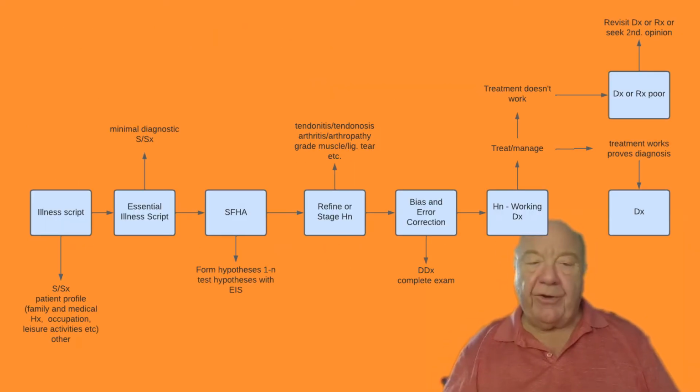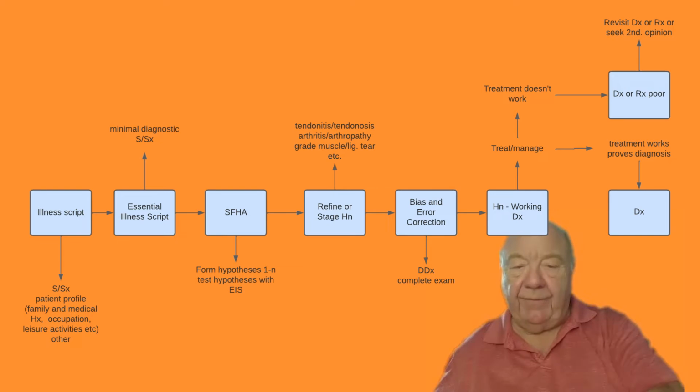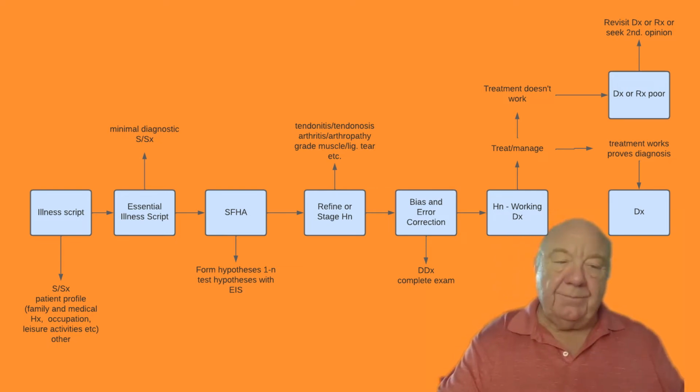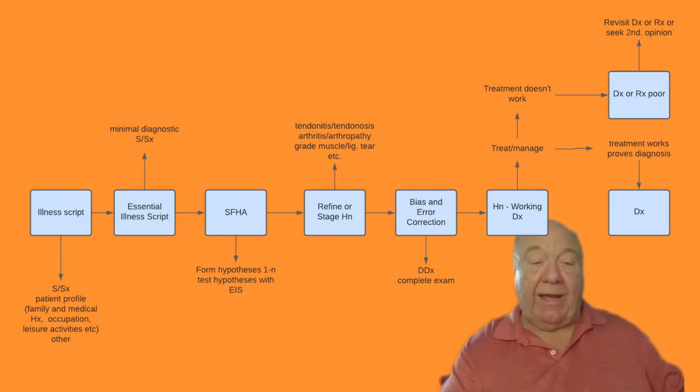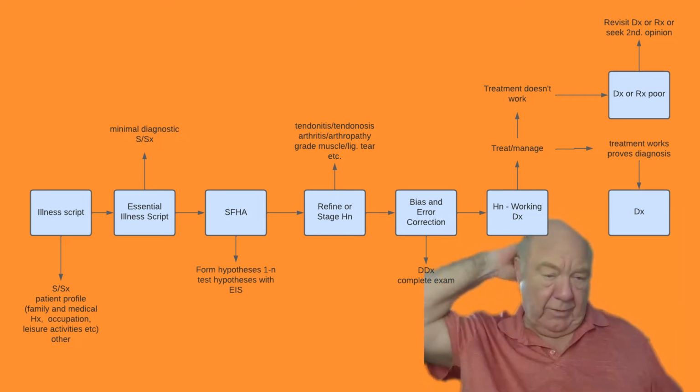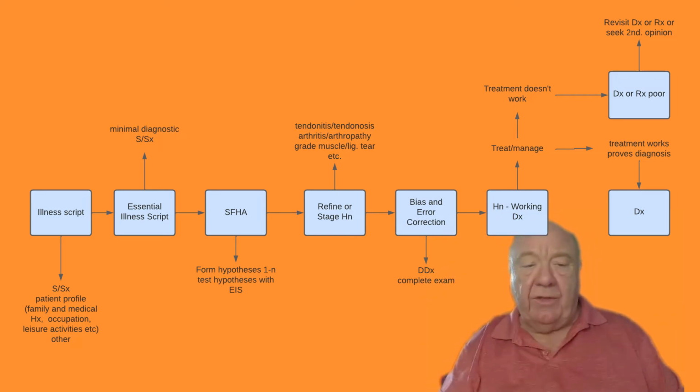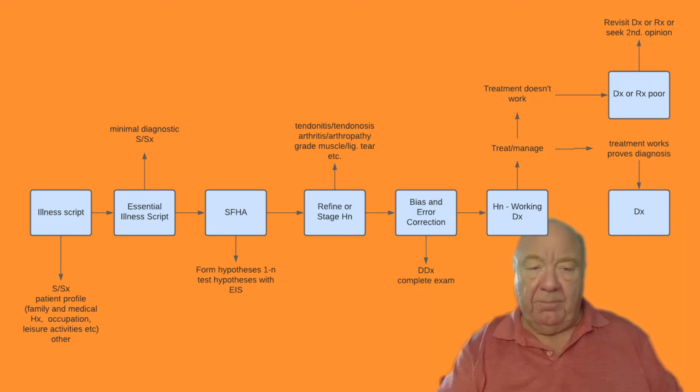This is a general outline of how script-focused hypothetic inference comes about. We start off with the illness script, and it depends on, as I say, your experience, your expertise, how rich that illness script is. From that, you make the essential illness script, the minimum diagnostic criterion that you need to make that diagnosis.